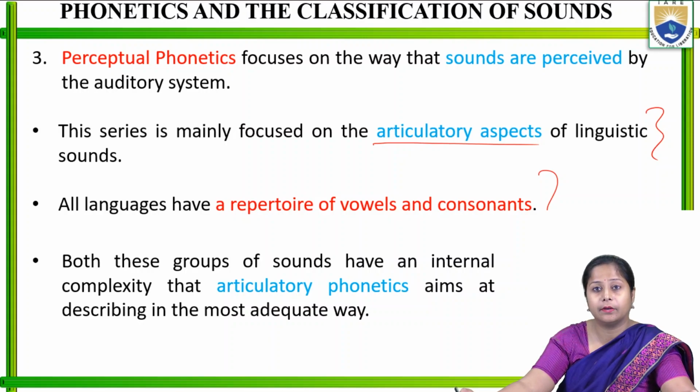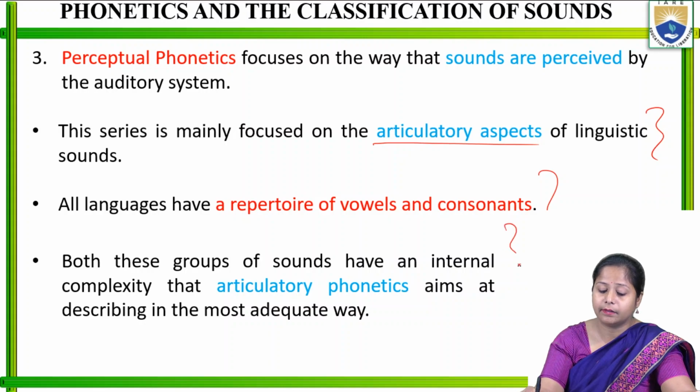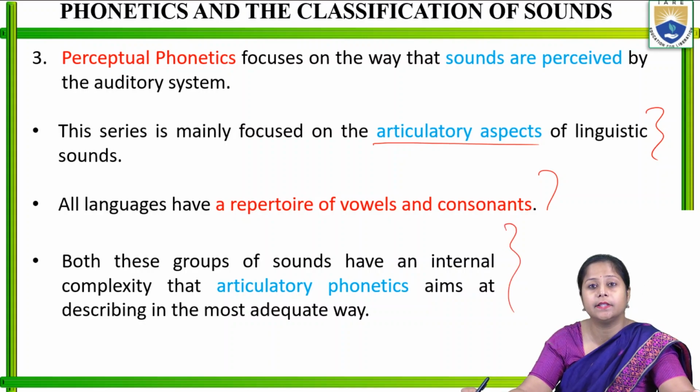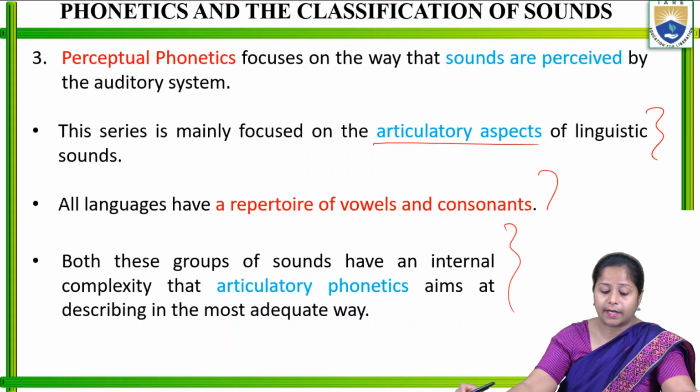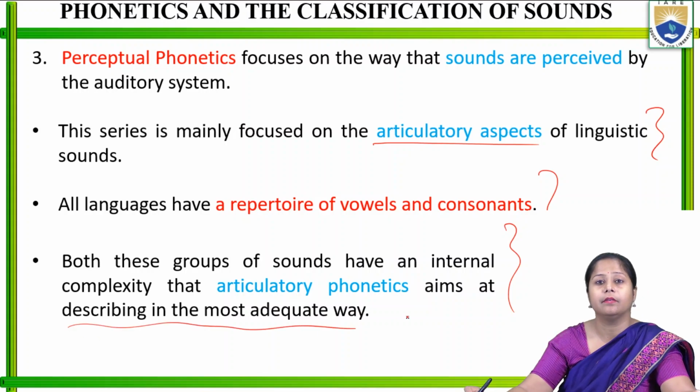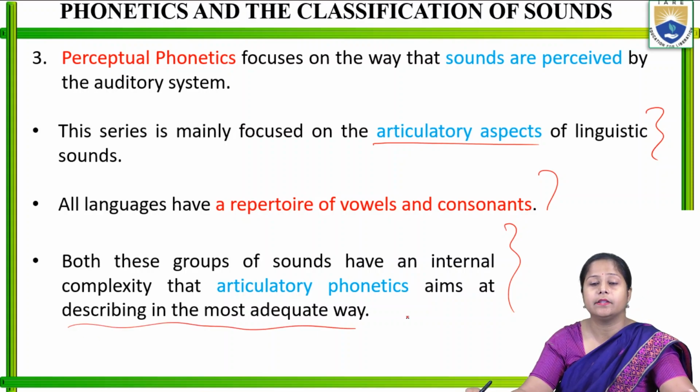Both these groups of sounds have an internal complexity, and articulatory phonetics aims at describing them in the most adequate way. That is how these groups of sounds are interpreted, either in the form of vowels or in the form of consonants.